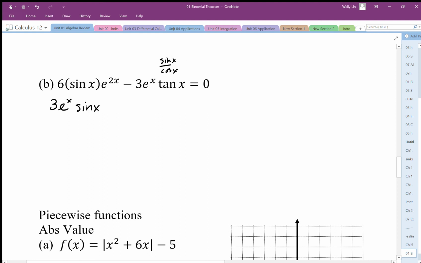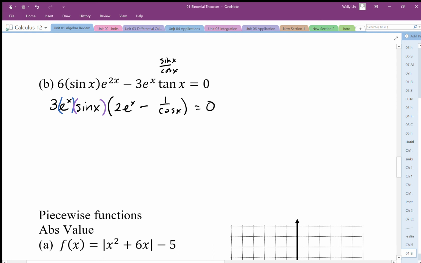The more factors I have, the better off I am, because I can now treat every single multiplication piece. So this is a factor, this is a factor, and what's left inside the brackets is also a factor. I'm going to be left with minus, well, that's the only thing that's going to be left in here, e to the 2x minus 2e to the x cosine x, like that, is equal to 0.